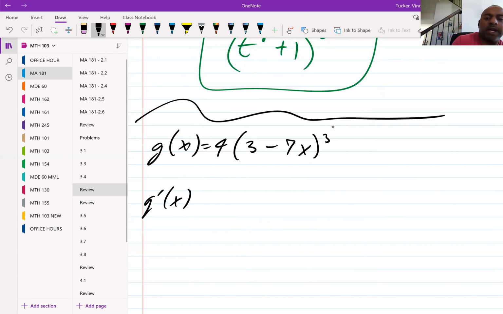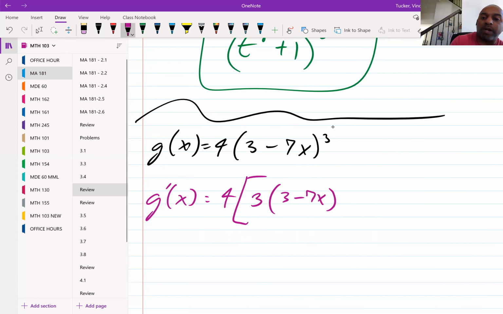Now that 4 does not have to be involved with the process, so we can bring that out front. And now once again, we're going to take the derivative of the outside and then take the derivative of the inside. So the outside, you bring the 3 out front and subtract 1 from the exponent. So that'll be 3 times 3 minus 7x, squared. Now we multiply by the derivative of the inside, which would just be negative 7.